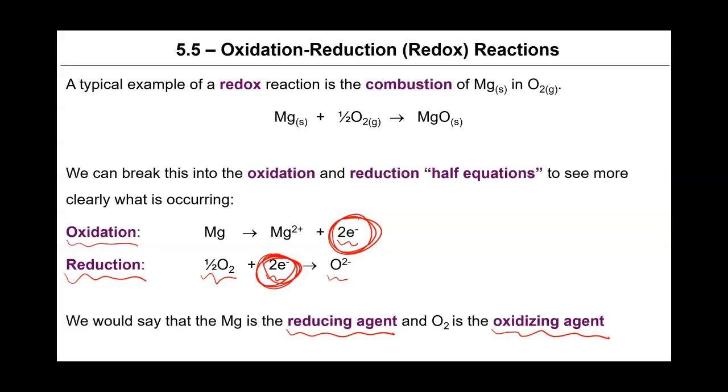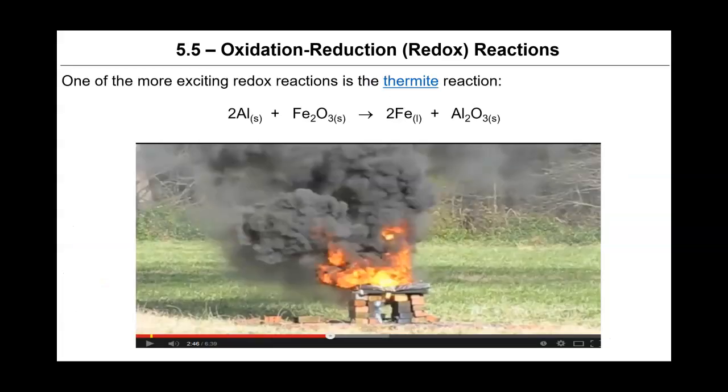That can be a little bit confusing. The reactant that is undergoing oxidation is the reducing agent, and the reactant that is undergoing reduction is the oxidizing agent, as it causes the other thing to become oxidized.